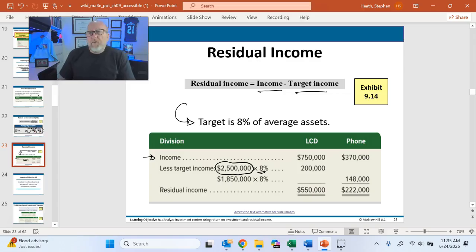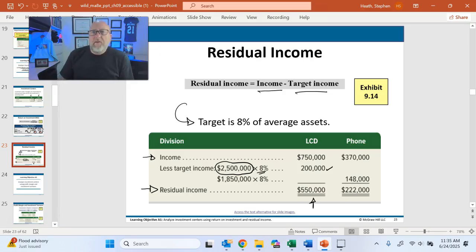So 8% of 2.5 million is 200,000. So what I'm saying in the LCD business is that our income exceeded our target by 550,000. The extent to which we exceed our target is what we refer to as residual income.